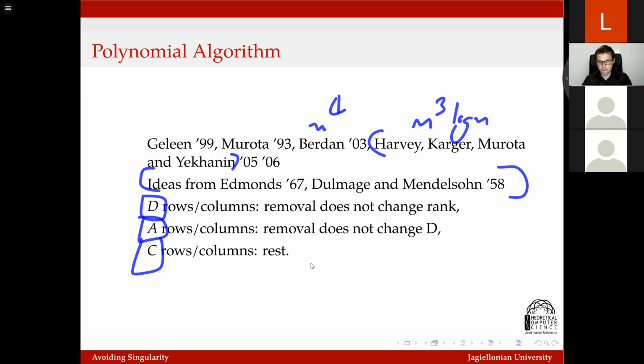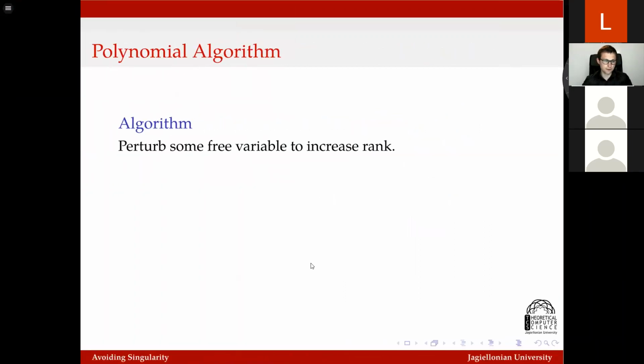Okay, and now we can state the algorithm. So the algorithm works as follows. You basically choose any values for the 3 variables, and we want to describe the algorithm in terms of perturbing the values. So the algorithm would be to perturb some free variable, meaning change the value of that variable so that we can increase rank.